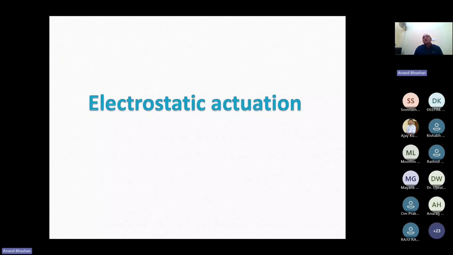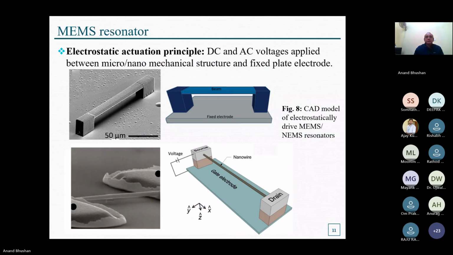Next is electrostatic actuation. As we discussed, this was the overview of the MEMS resonator. Further, we discuss one particular type of MEMS resonator which is electrostatically actuated. The basic principle of electrostatic actuation is that we have a microbeam, fabricated above a plate.